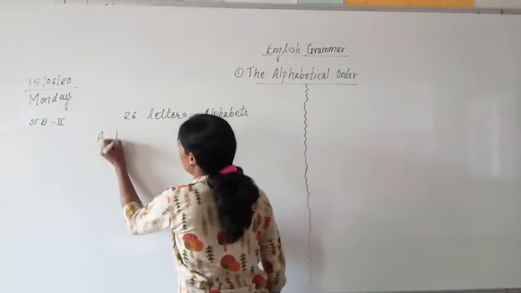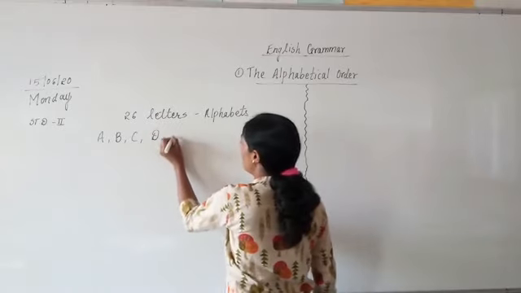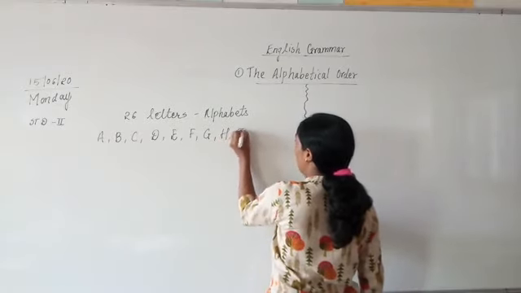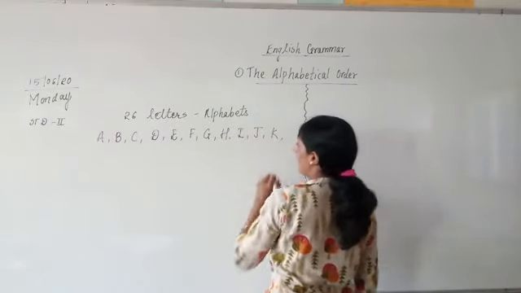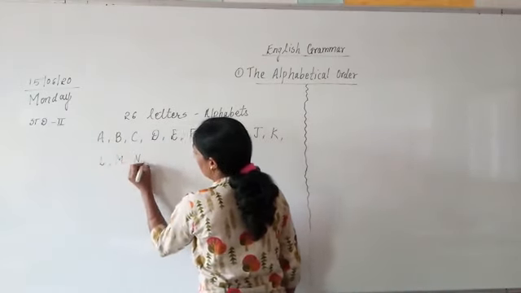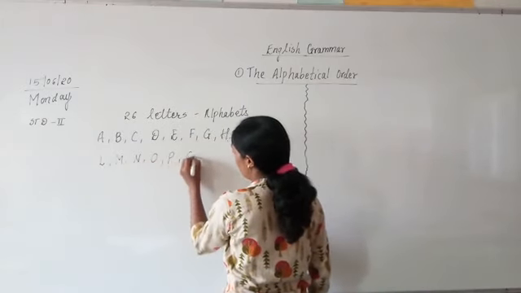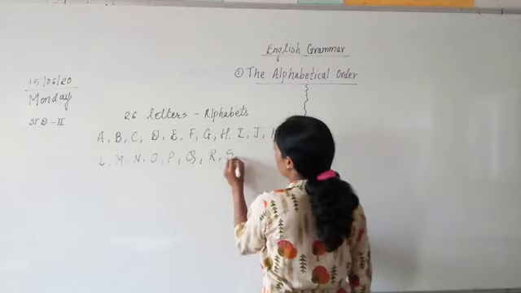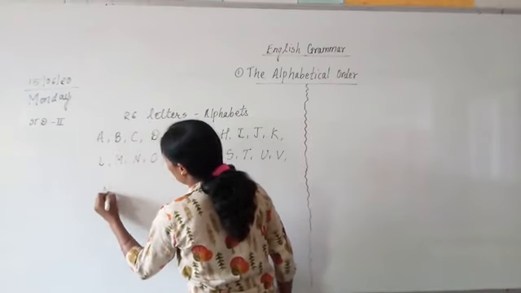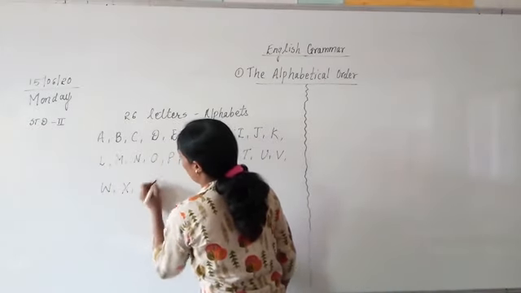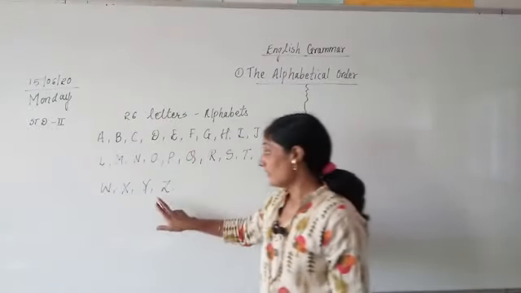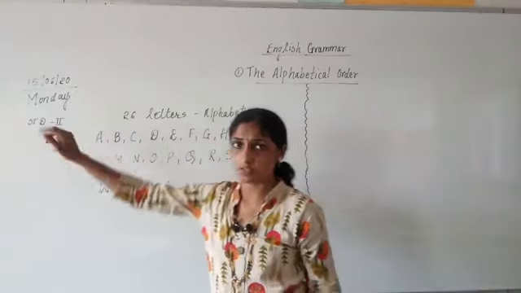We write down A, then B, C, D, E, F, G, H, I, J, K, L, M, N, O, P, Q, R, S, T, U, V, W, X, Y, and Z. Now, did I write Z first?